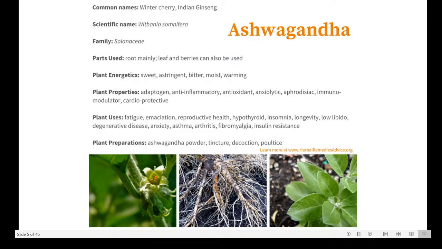Ashwagandha. If you are cultivating Ashwagandha as a herbal plant, you have to use the plant root. That is the major part having the medicinal property. So it's one-time harvesting.